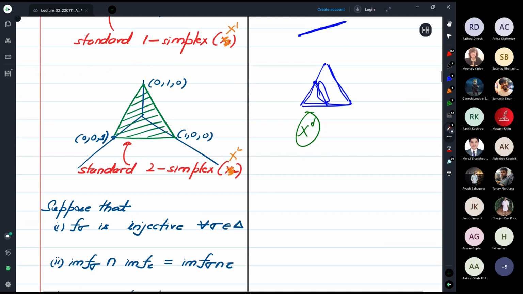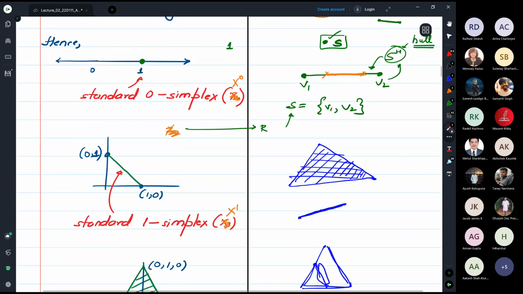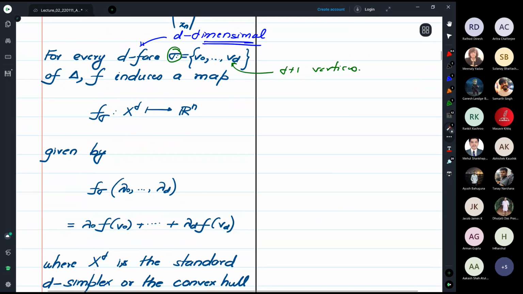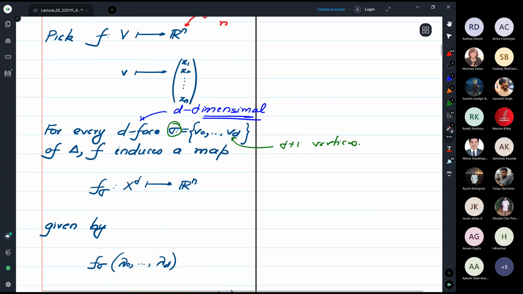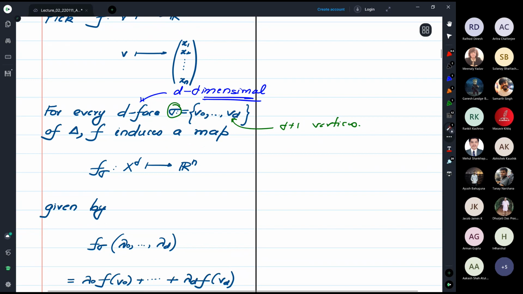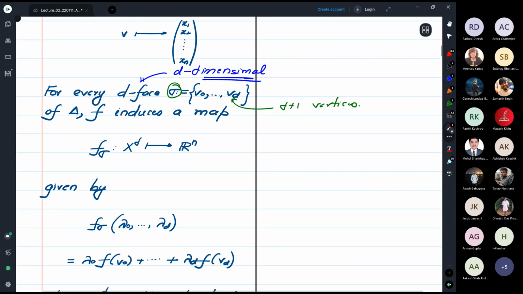All right. So with this, now let's try to understand what F sigma is. F sigma goes from xd to Rn. And as I specified, this Rn and this Rn must be the same, right? So how is F sigma defined? xd is basically a convex set. So you take an element of xd.